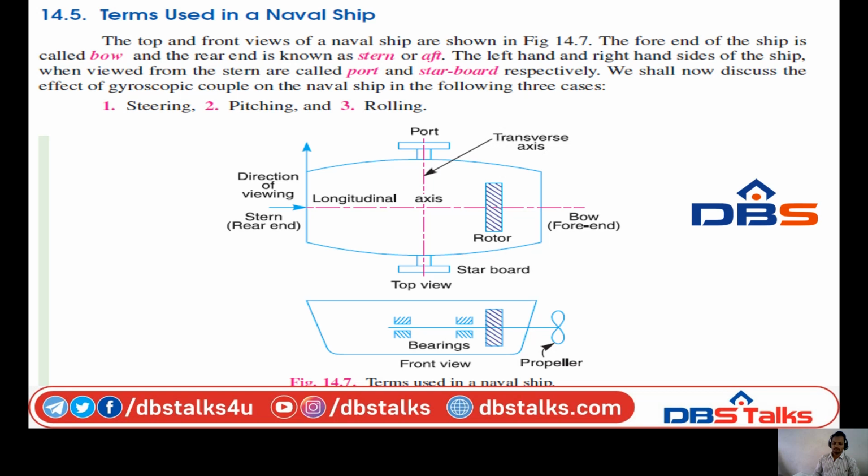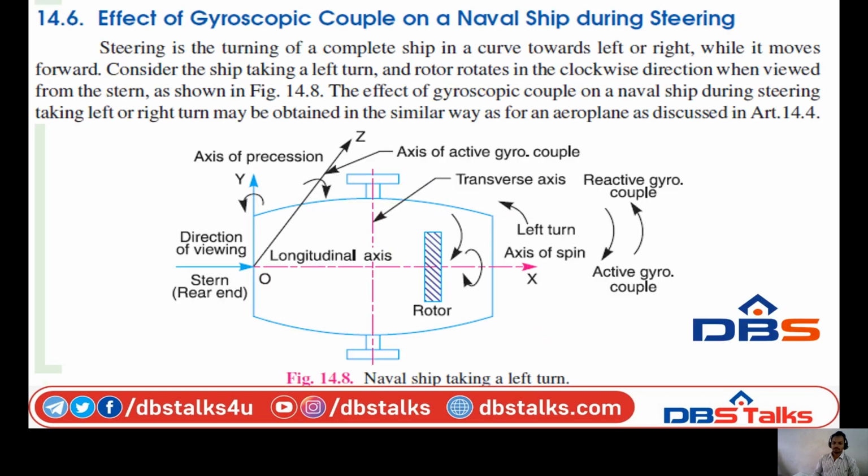Then what is the effect of these gyroscopic couples on a naval ship during steering? In a naval ship we have three cases: steering, pitching, and rolling. We will consider each one, that is how the gyroscopic couple is affected in steering, rolling and pitching.